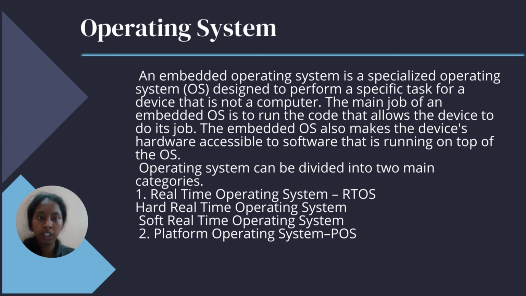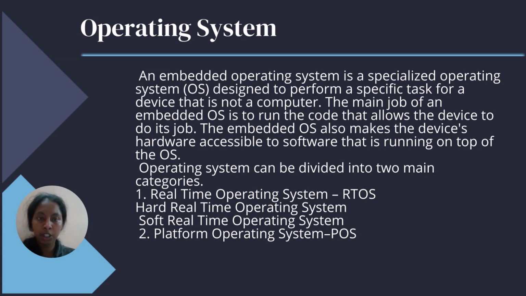One of the most common categorizations is real-time operating system and platform operating system. Under real-time operating system, we have hard real-time operating system and soft real-time operating system. It is important to note that embedded operating systems can fall into both categories.